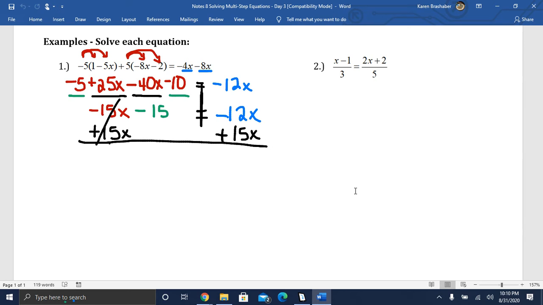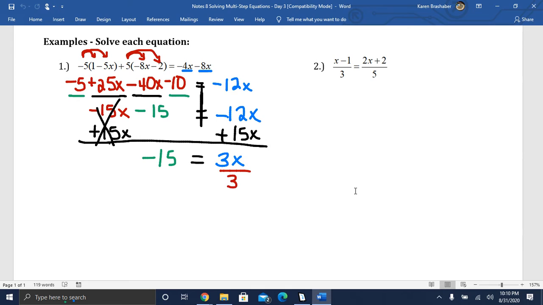So -15x and +15x will cancel, and I'll still have then -15. Notice I had to bring down the sign, my equal sign, and -12 plus 15x will add to make 3x. So this was a case where I had to get the x on the left-hand side. Now I'm ready to divide.